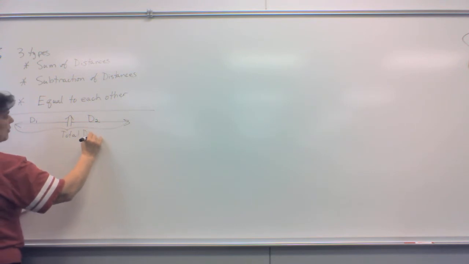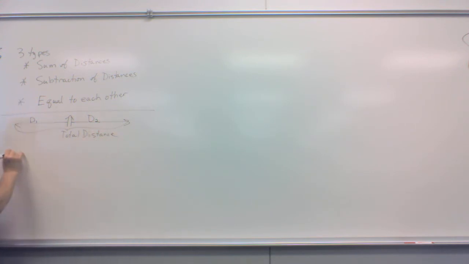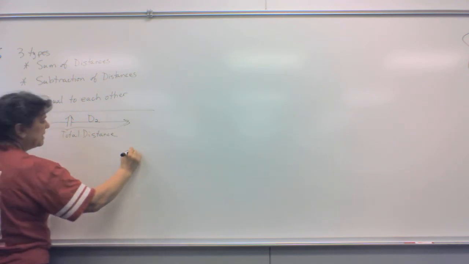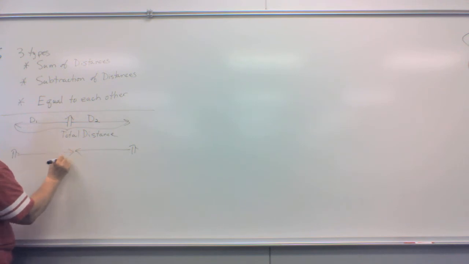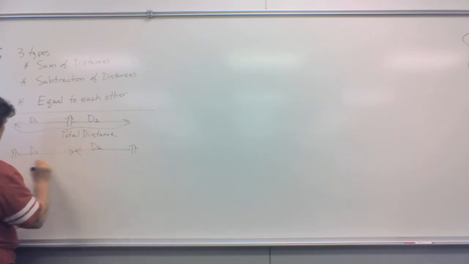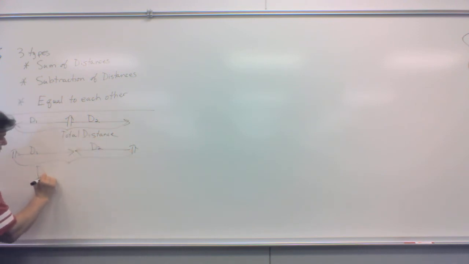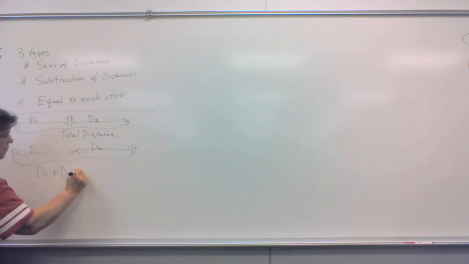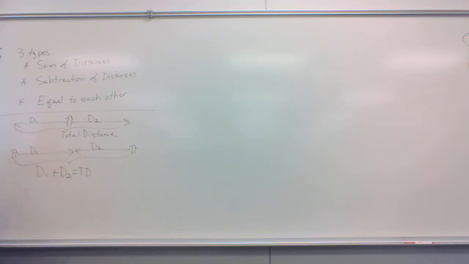We can do it either going away from each other, or we can start in 2 different places and drive towards each other. But it still is the same type of a formula as that one. So this is the distance of the first one plus the distance of the second one is equal to my total distance. Okay, that's type 1.